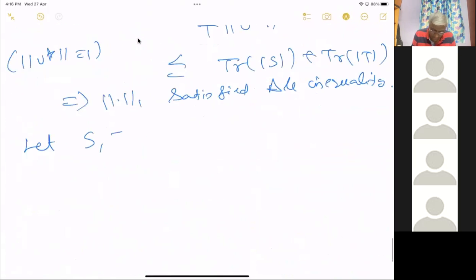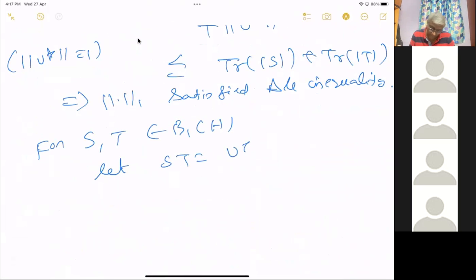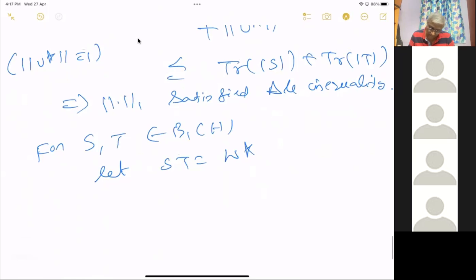Similarly, if S and T are in B1H, then ST equals, again, maybe W star.